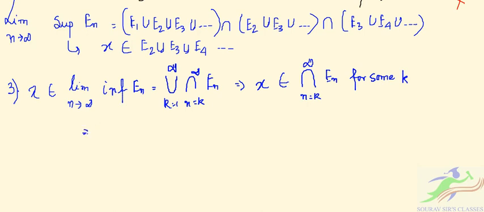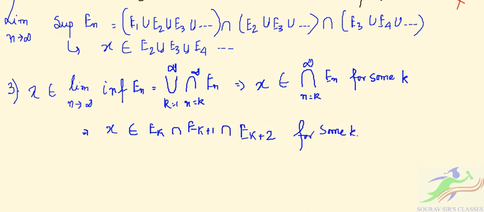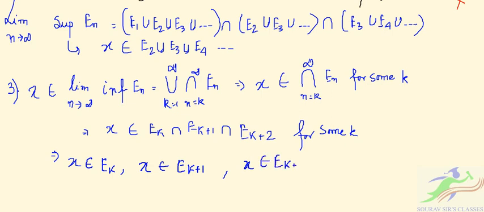So we can write x belongs to Ek intersection Ek plus 1 intersection Ek plus 2 for some k. So x belongs to Ek, x belongs to Ek plus 1, x belongs to Ek plus 2, right?